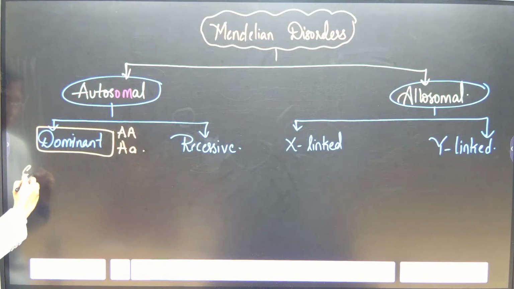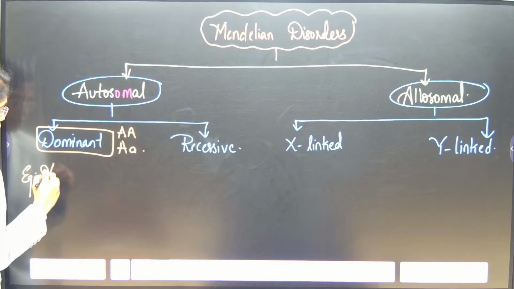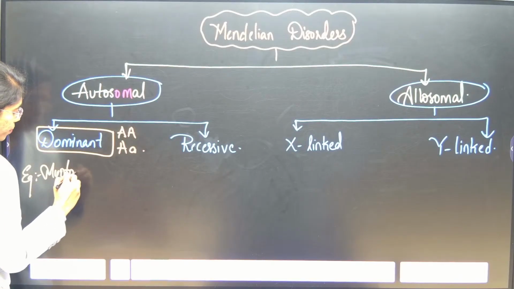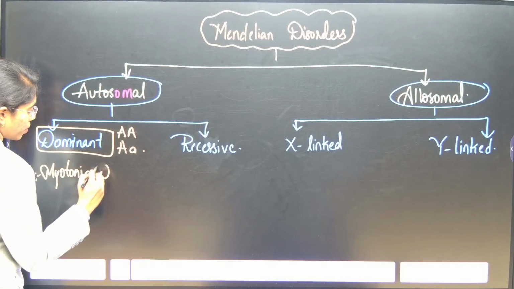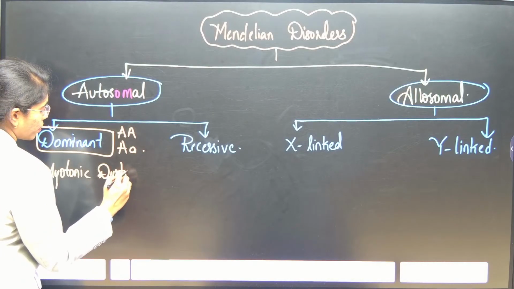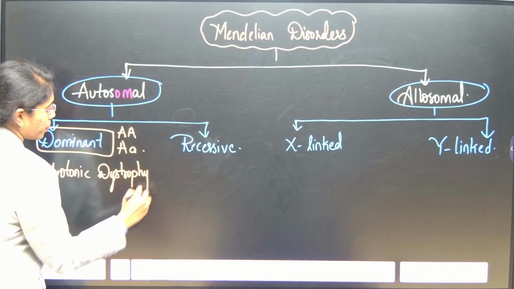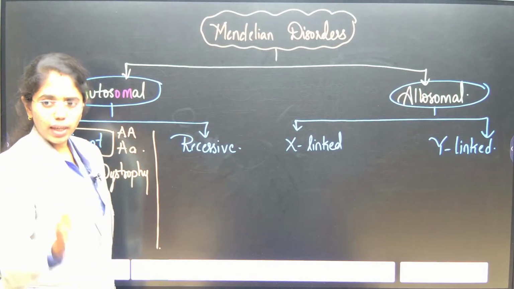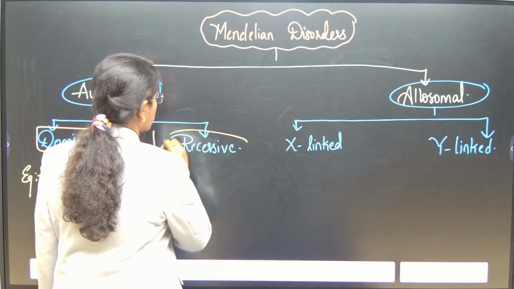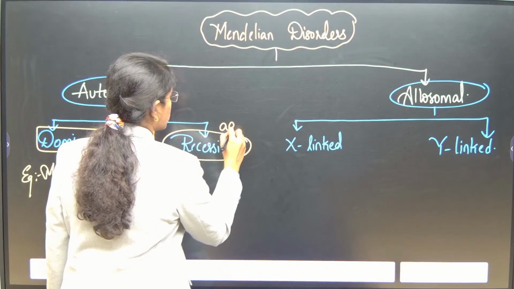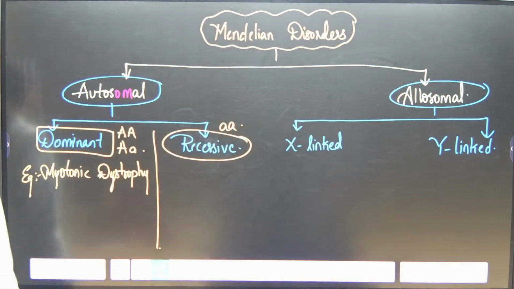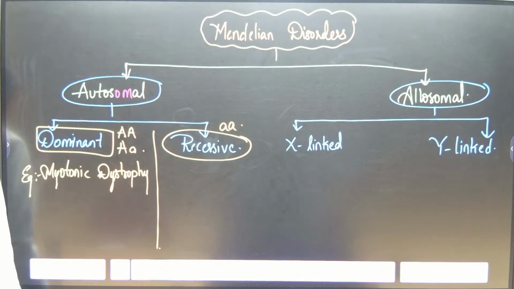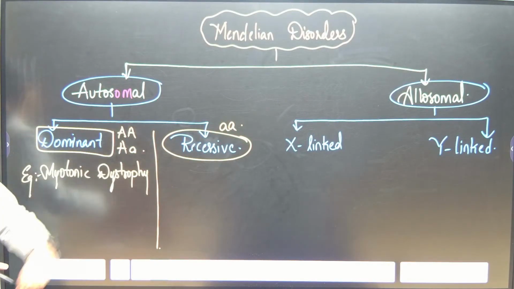Best example will be myotonic dystrophy, a muscle disorder. Recessive diseases are expressed only in homozygous recessive condition, yes or no? Homozygous recessive condition. Many a times you get questions in your NEET exam on autosomal recessive disorders.